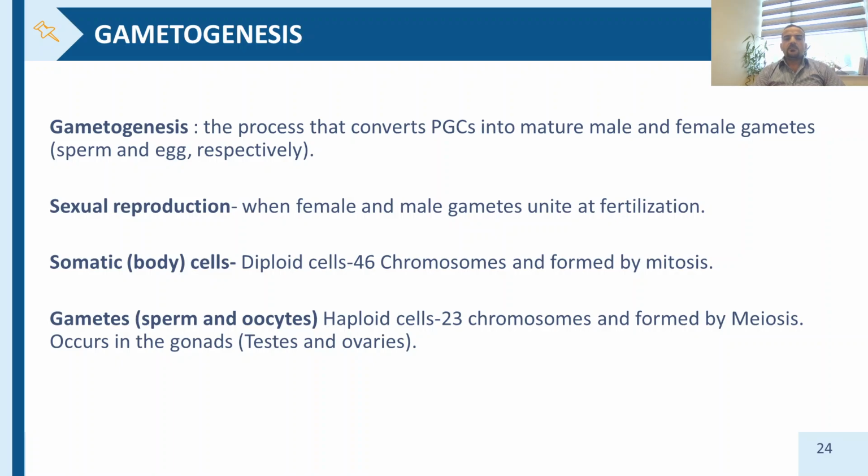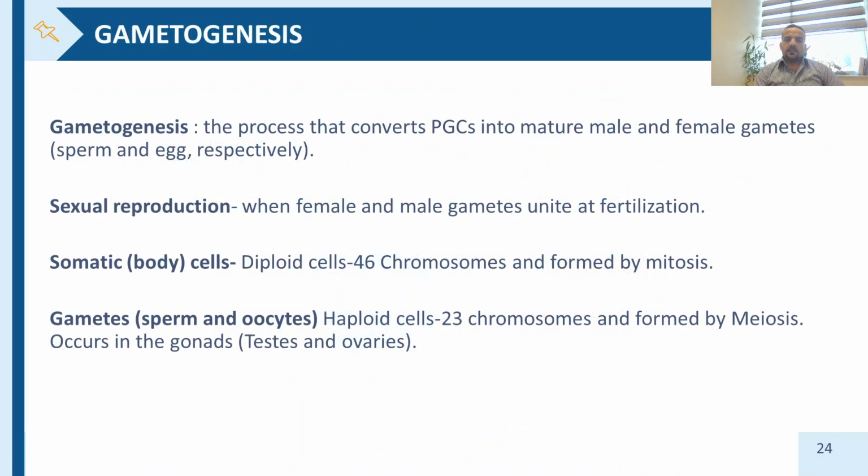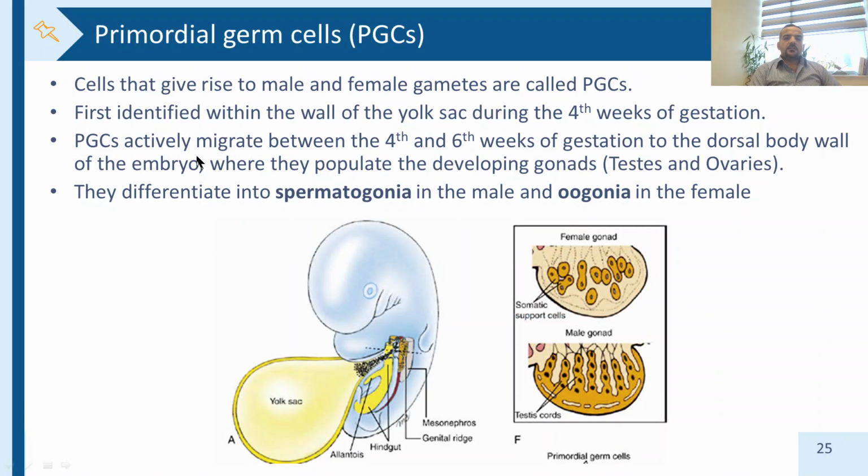When female and male gametes unite at fertilization هذا نسميه التكاثر sexual reproduction. وهاي حكيت لكم عندنا two types of cell: somatic cell اللي هي diploid والgametes اللي هن haploid. البرايمورديال germ cell اللي هي اللي تتحول لنا إلى الفيميل وميل gametes. So the cells that give rise to the male and female gametes we call primordial germ cells.